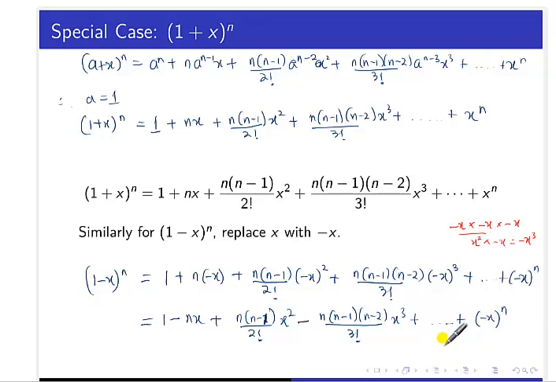So when n is odd, the expression here becomes negative, and when n is even, the expression here becomes positive. So be very careful with negatives. I'll pause the video here so that we shall apply these special cases and the general expansions to expand binomial expressions in our next video.